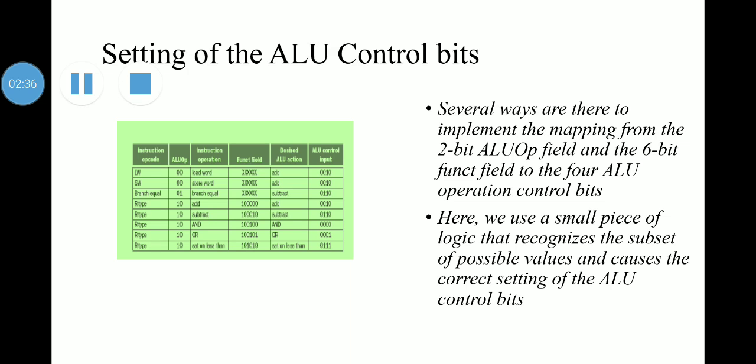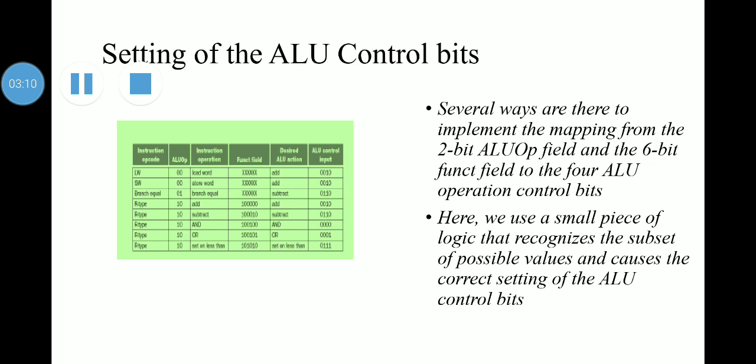And this figure shows how to set the ALU control inputs based on the 2-bit ALUOp control and the 6-bit function field. The ALUOp bits are generated from the main control unit. See, this style of using multiple levels of decoding, that is the main control unit generates the ALUOp bits which then are used as input to the ALU control that generates the actual signals to control the ALU unit, is a common implementation technique.